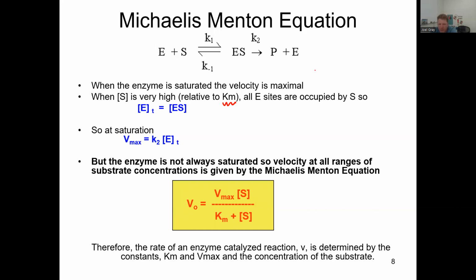Therefore, the rate of an enzyme catalyzed reaction, or velocity, is determined by the constant Km and Vmax and the concentration of your substrate. Okay, so what that means is your velocity is determined based on your Km, Vmax, and your substrate concentration.